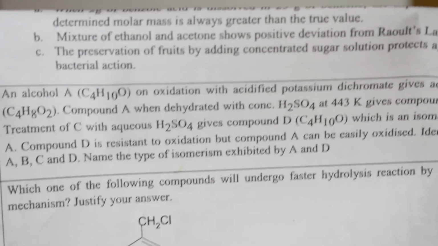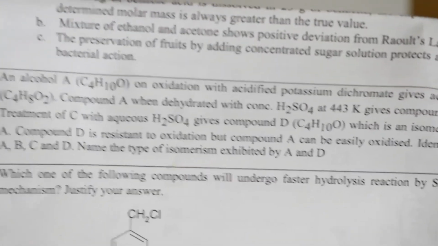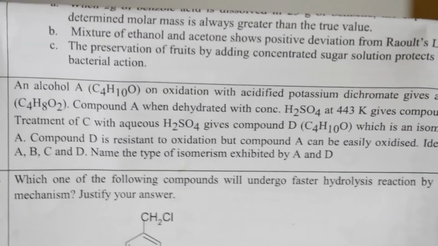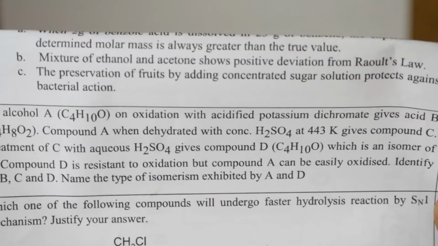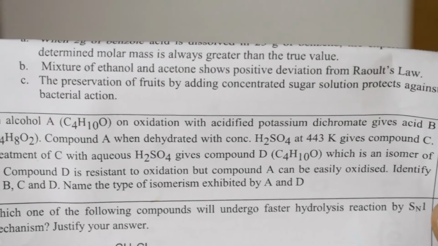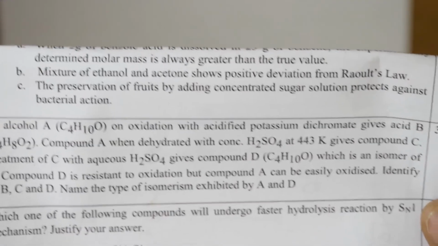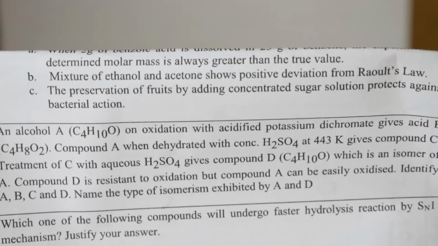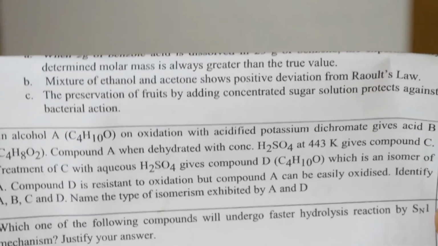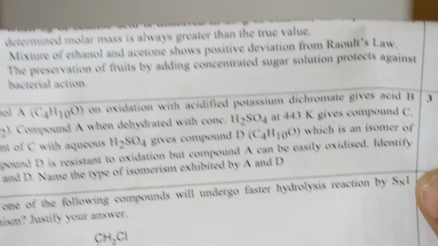Let's come back and do the next question. Let's come back and do question number 15. What do they give us? An alcohol, that's alcohol A with the formula C4H10O on oxidation with acidified potassium dichromate gives acid B. Done. So the formula given is C4H8O2. Done. As compound A, when dehydrated with concentrated sulfuric acid at 443 Kelvin gives compound C. That is also done.